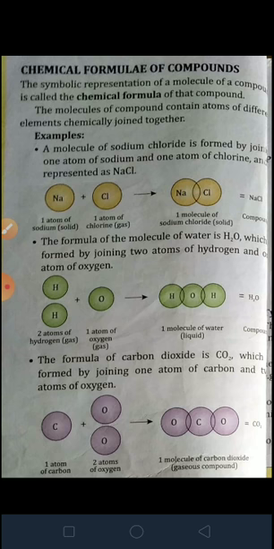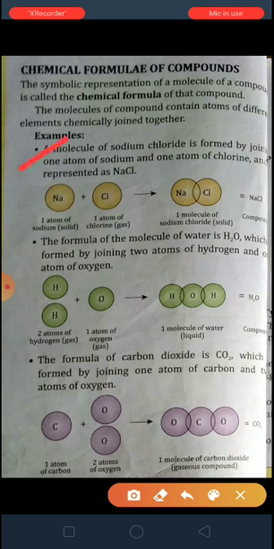Some examples are given in your book. First one: a molecule of sodium chloride is formed by joining one atom of sodium and one atom of chlorine. Sodium chloride is the compound here.